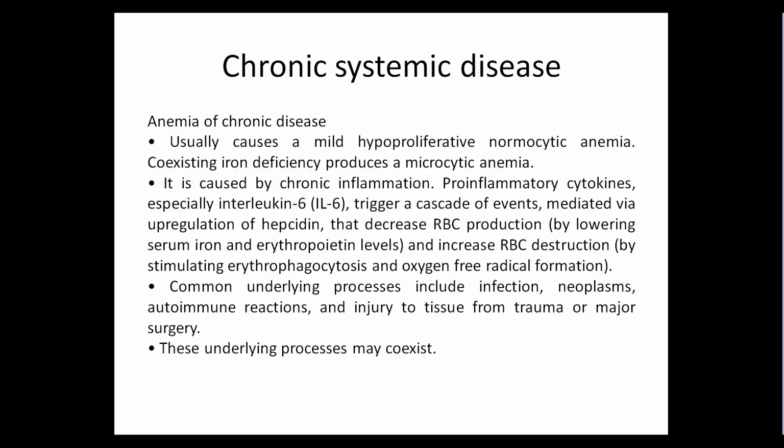Pro-inflammatory cytokines, especially interleukin 6, trigger a cascade of events mediated via upregulation of hepcidin that decrease red blood cell production by lowering serum iron and erythropoietin levels, and increase red blood cell destruction by stimulating erythrophagocytosis and oxygen free radical formation.